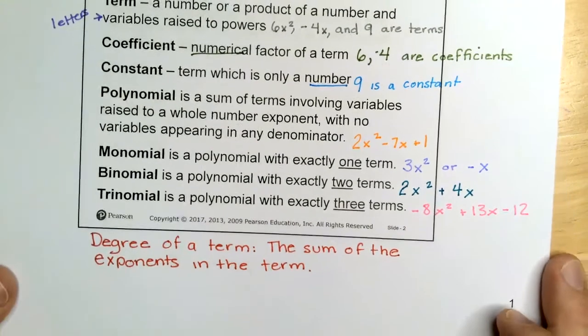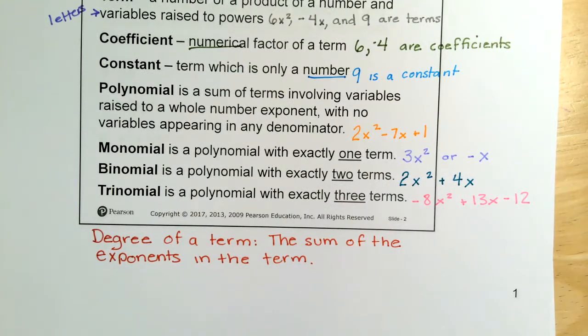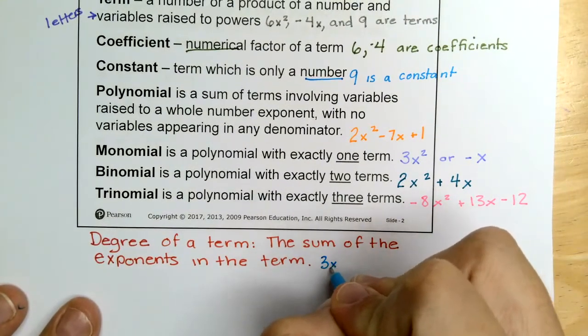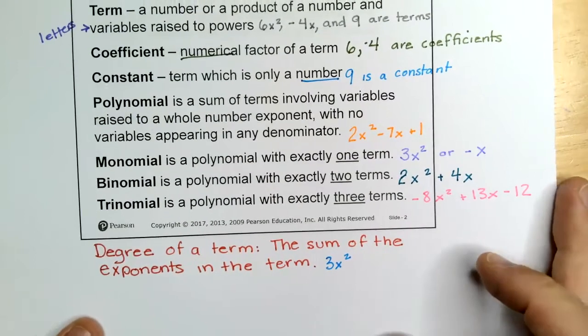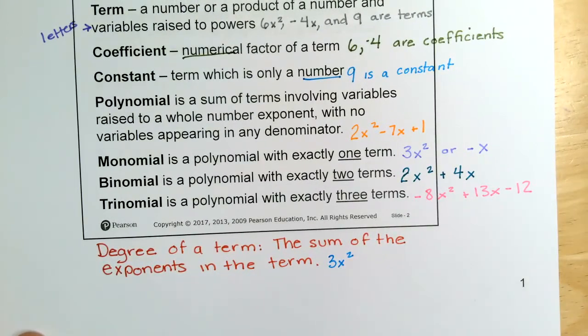So for example, the term 3x squared has a degree of 2.